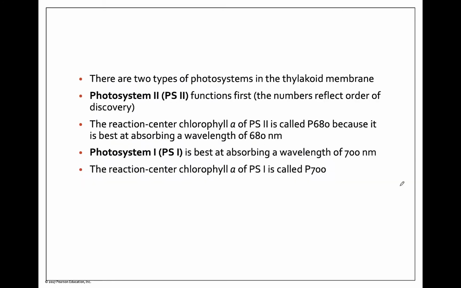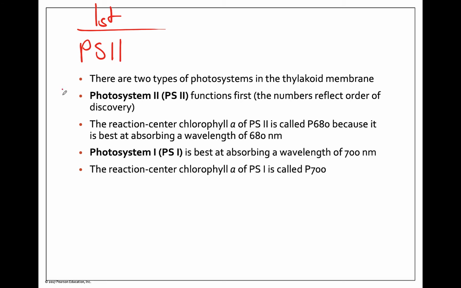So throughout this process, we're going to see two different photosystems, and they are going to, ironically, be in reverse order. The first photosystem we're going to see is actually photosystem 2. The reason that they are not named in the order that they occur is because we discovered photosystem 1 first, and then we discovered photosystem 2 later, and we just named them that way.